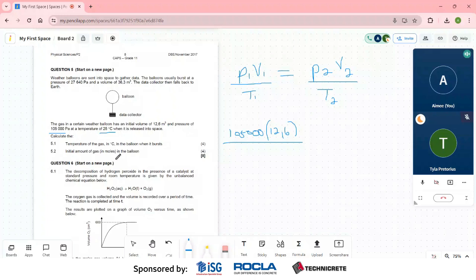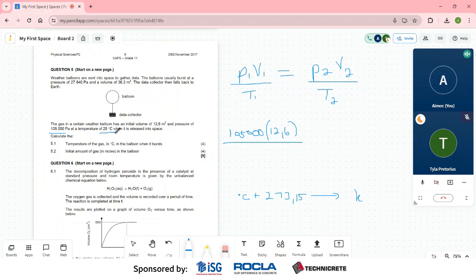And when you want to convert Celsius to Kelvin, you need to say my degrees Celsius value plus 273.15 gives you your temperature in Kelvin.